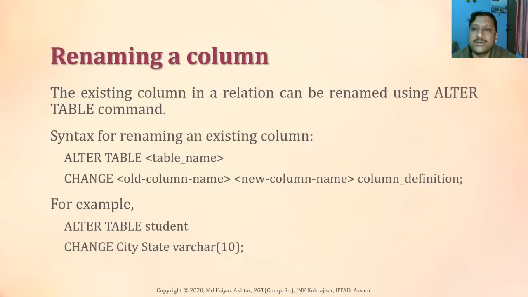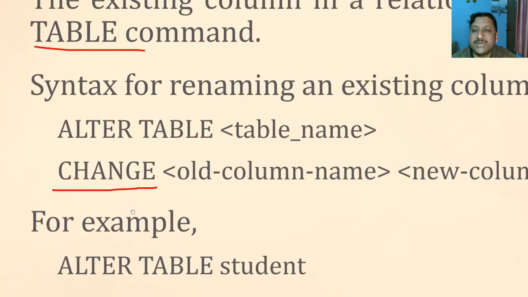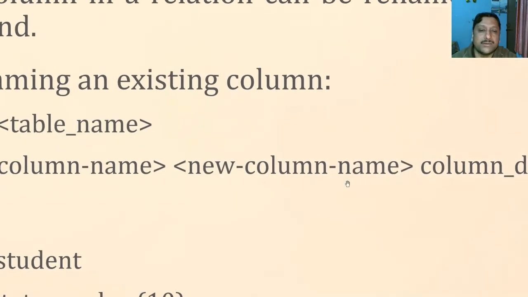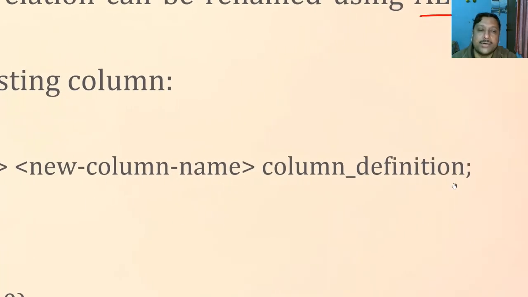Next, renaming a column. If you want to change the name of a column, alter table is also sufficient for that purpose. The syntax is: alter table, table name, then the change clause. After change you give the old column name, then the new column name, and then the column definition.